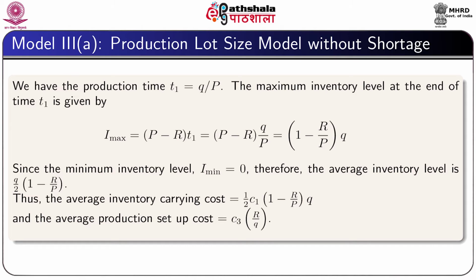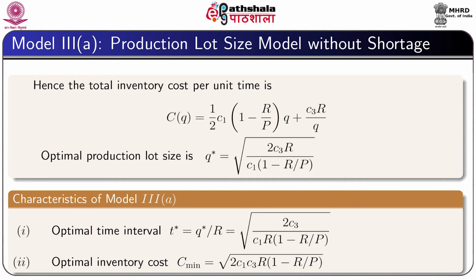Since the minimum inventory level I_min is equal to 0, the average inventory level can be obtained from these two, maximum and minimum inventory levels, which gives the average inventory level as (Q/2)(1 − R/P). Thus, the average inventory carrying cost will be equal to ½·C1·(1 − R/P)·Q and the average production setup cost is equal to C3·R/Q.